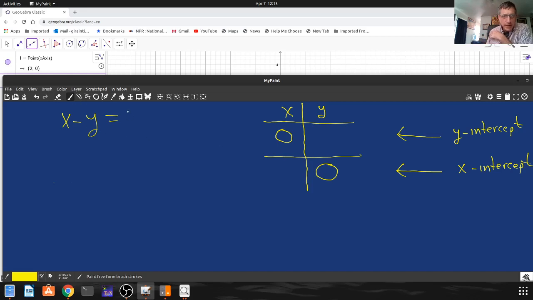So x minus y is equal to 0. Now I changed the problem. This is not one of our problems. 2a was x minus y is equal to 2. So let's try to find my 2 points. I'm going to try my y-intercept first, so I'm going to plug in 0 for x.